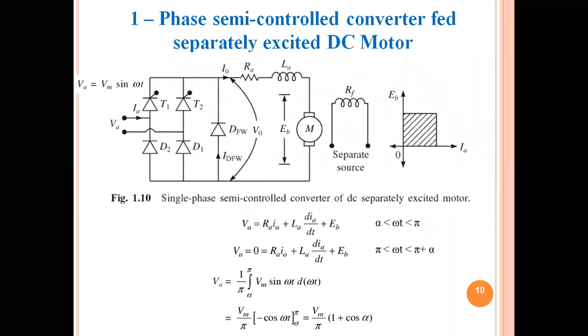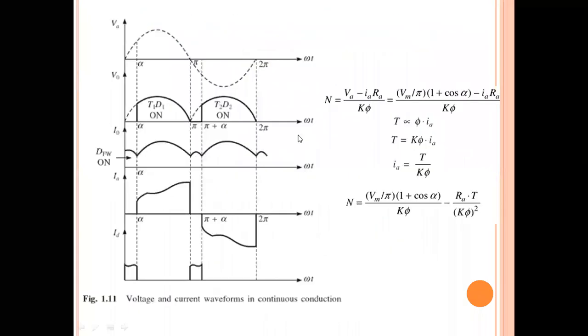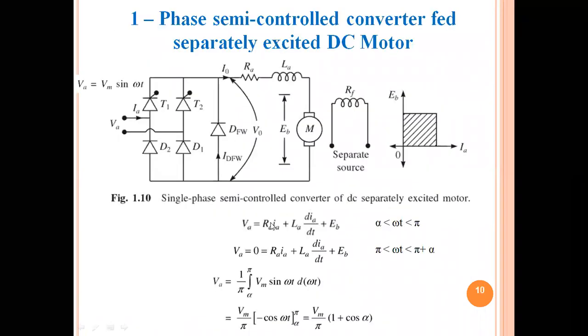Similarly, from this separately excited DC motor basic equation, we can also derive the speed characteristics. From this equation, you can observe that in the steady state, I have already given that the average voltage across the inductor under steady state conditions is 0.